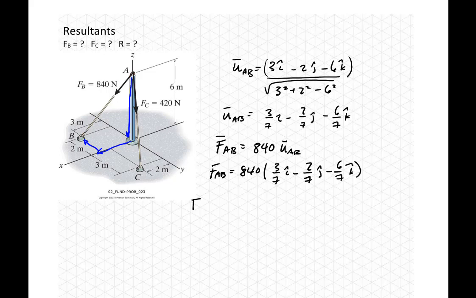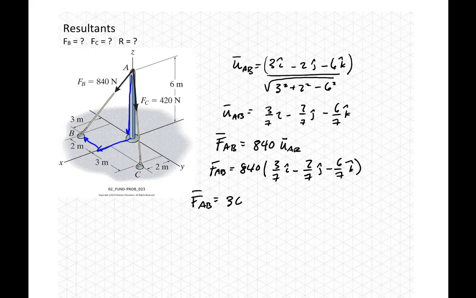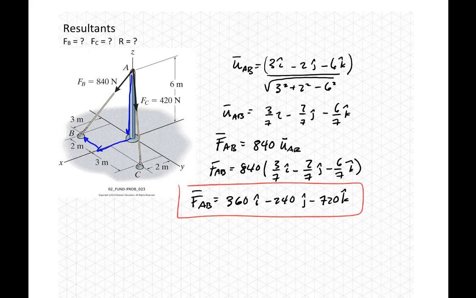Then go ahead and multiply all that out: 360i minus 240j minus 720k. Okay, there we have the vector description, the Cartesian description of the first force.